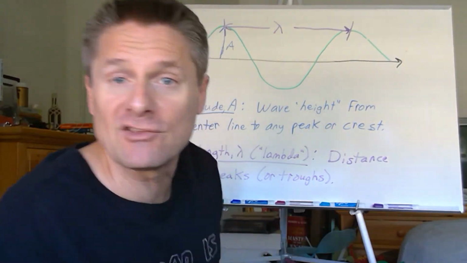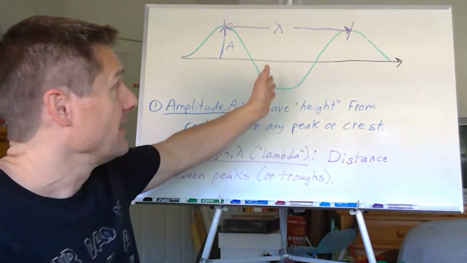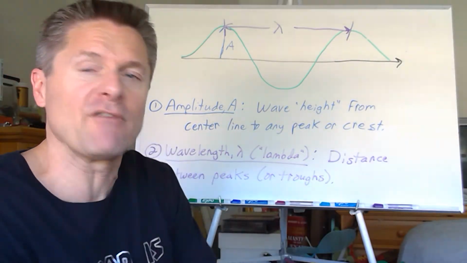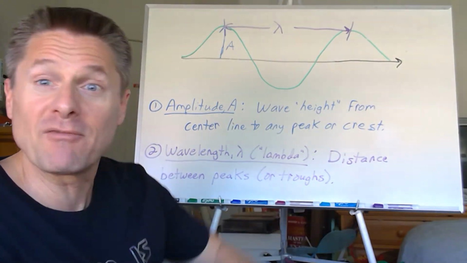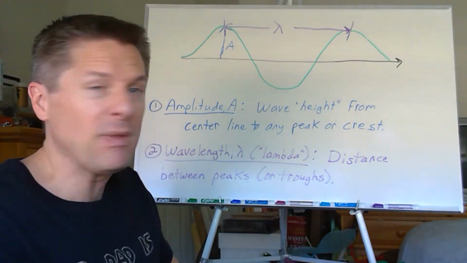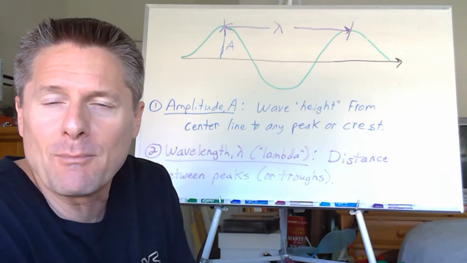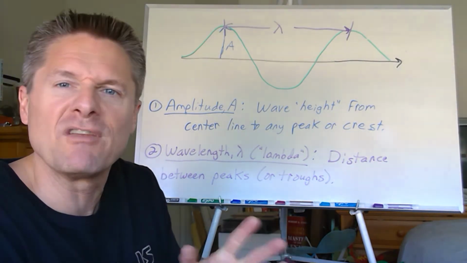So obviously the units would be some kind of length distance, whether it's meters or nanometers or angstroms, which is definitely not an SI unit. We're trying to get away from that one, but it's a pretty cool unit. Picometers, centimeters. So we'll try to stick with the metric units with some kind of metric prefix for meters.